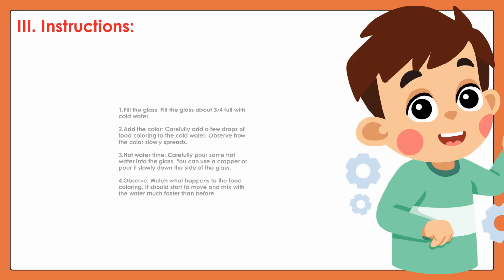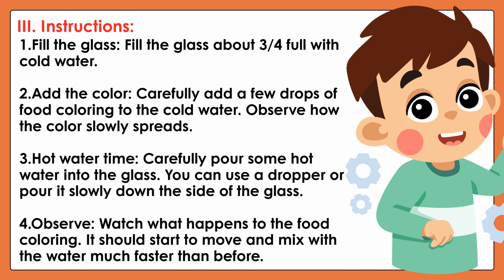Instructions. First, fill the glass about 3/4 full with cold water. Second, add the color. Carefully add a few drops of food coloring to the cold water. Observe how the color slowly spreads. Third, hot water time.